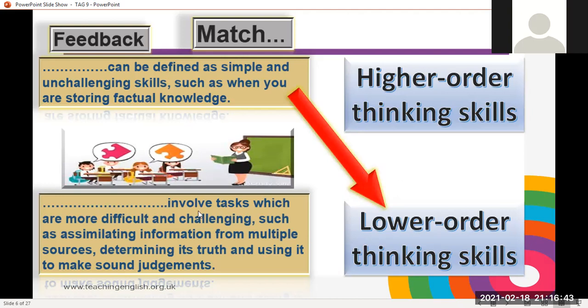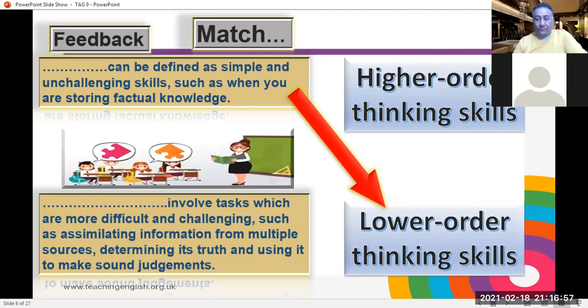Could you please read the second one? Involve tasks which are more difficult and challenging, such as assimilating information from multiple sources, determining its truth and using it to make sound judgment.